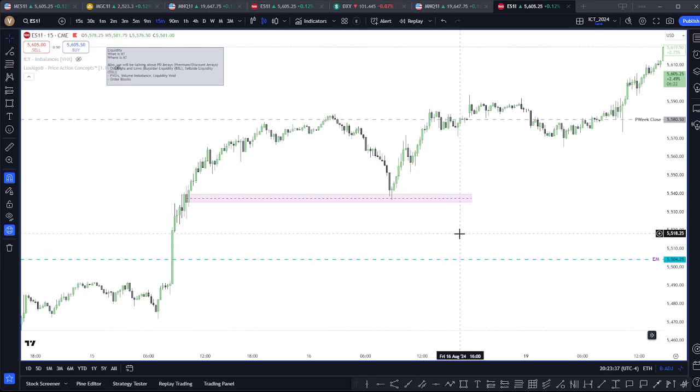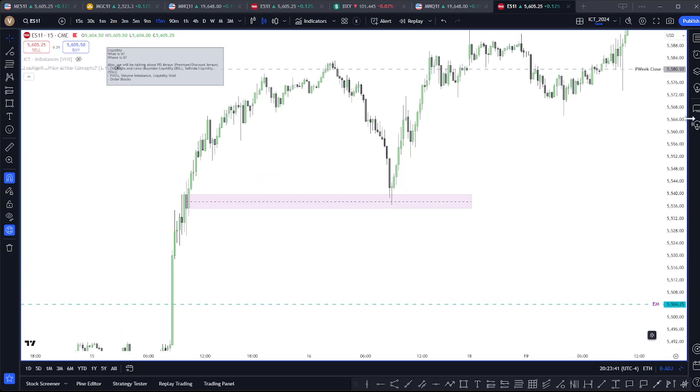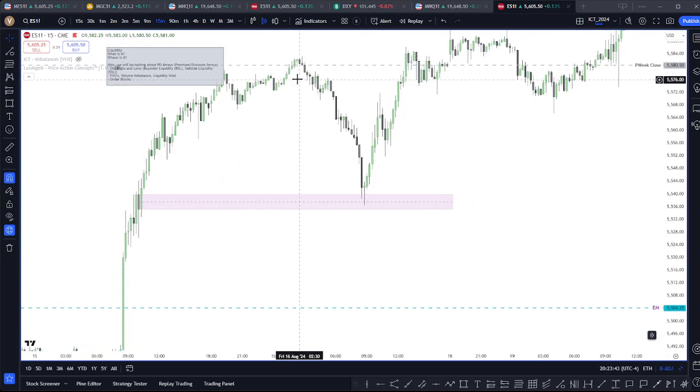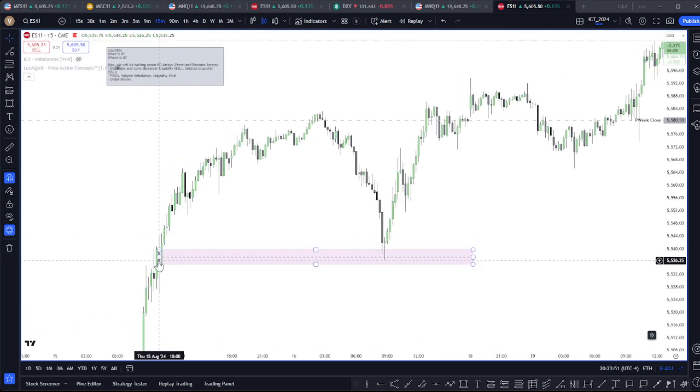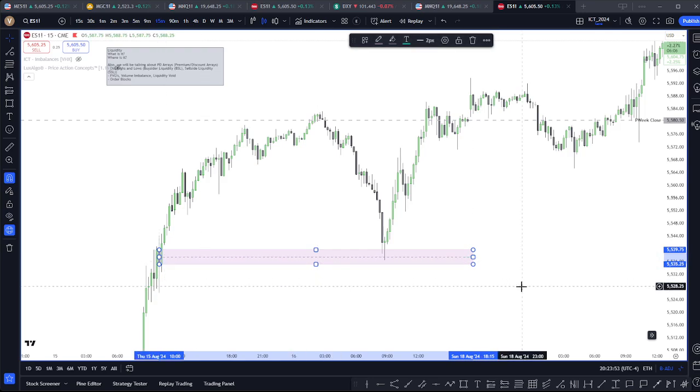Okay, so see here, for example, this one. The price came all the way back to this order block and then went up. It changed direction, right? So this was a high probability order block. So sometimes order blocks can do this also.